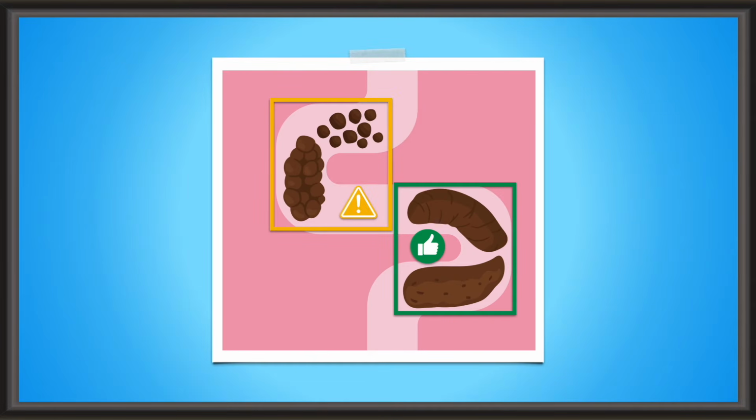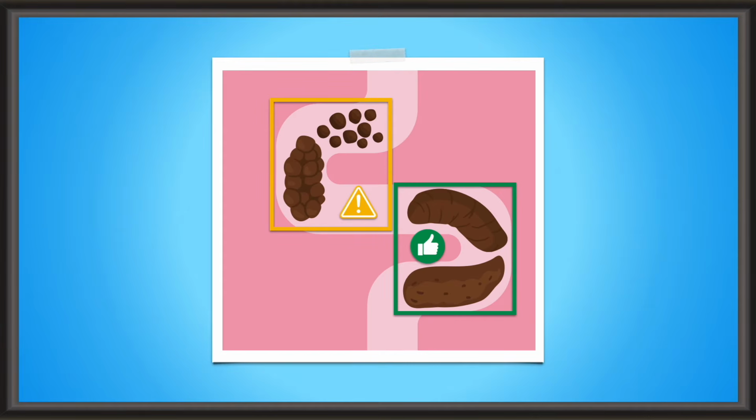This image shows the contrast between feces when there's adequate fiber intake and inadequate fiber intake. Fiber adds bulk to the feces by presenting material the body cannot digest. It also holds on to water, making it softer and easier to move along the digestive tract. Conversely, inadequate fiber intake can result in dry, hard stool that's difficult to pass.